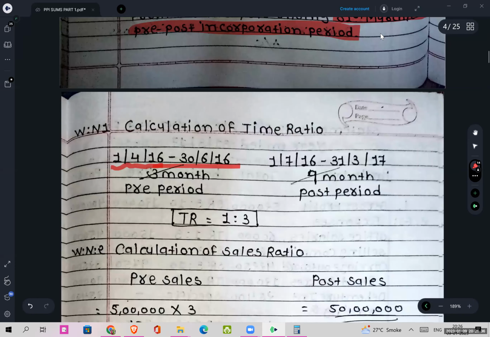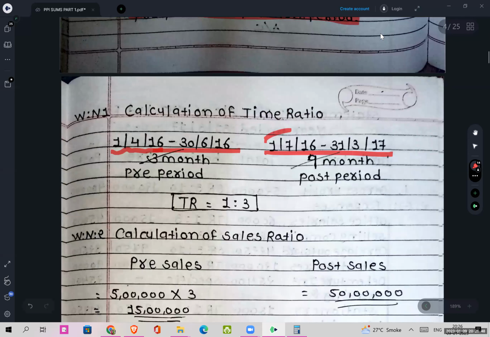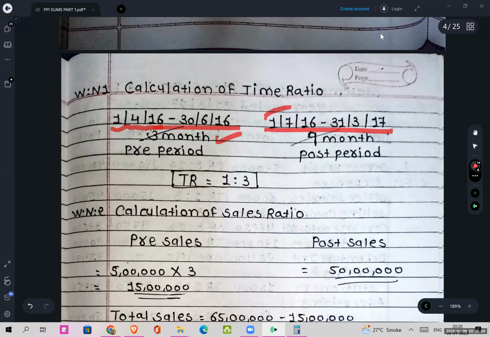So the opening is 1st April to 30th June, and from 1st July your new period starts till 31st March. So 1st April to 30th June, April, May, June: 3 months is my pre-period. And then from July to March: July, August, September, October, November, December, Jan, Feb, March, that makes 9 months.